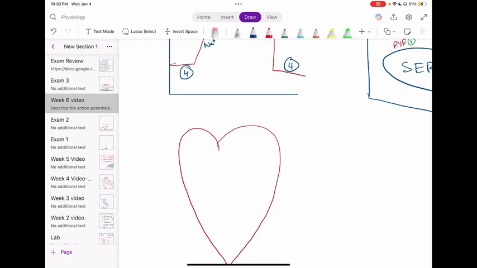The way that a heart works is it has these different bundles. There's the bundle of His, this is the SA node. The SA node sends a contraction, a particle of electricity, down to the AV node.